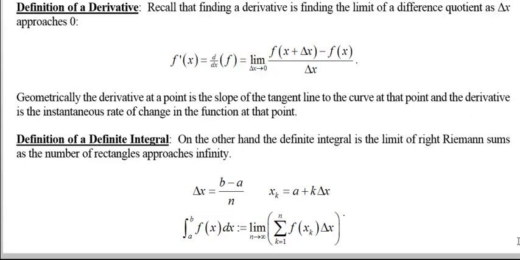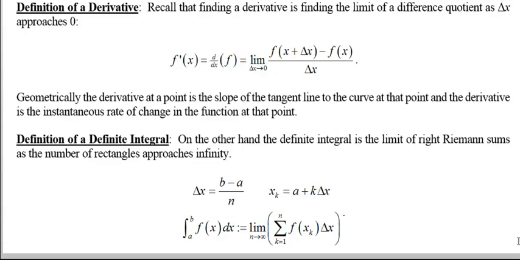We take the y value at that x sub k, f of x sub k, which gives us a height, or a signed height, and we multiply that by the width, delta x, of that interval. So we have a rectangle of width delta x and height f of x sub k. That gives us the area of one rectangle.